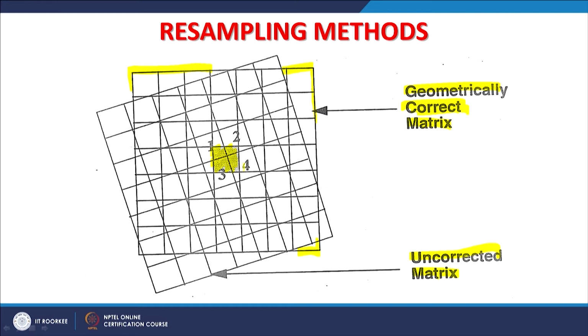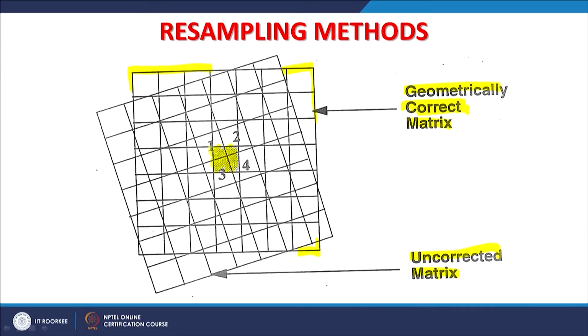Weighted average means which pixel of the input image has maximum overlap with the target pixel, because the location of the target pixel is known now after the second step, only the value is not known. So, through resampling we are determining the value for the target pixel. So, the weighted average of, say in this example, pixels 1, 2, 3, 4 is taken and assigned to the target pixel, and this is the bilinear resampling technique.